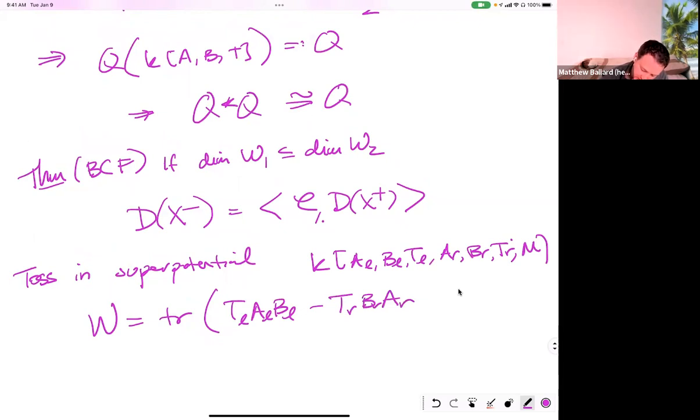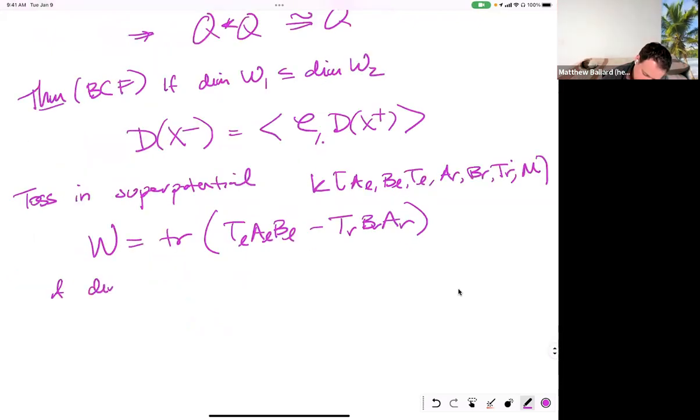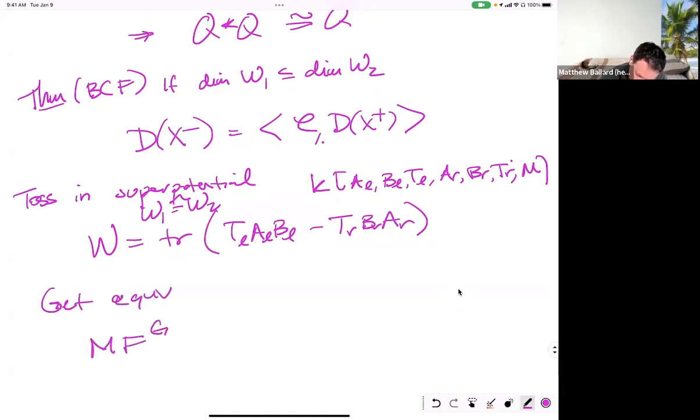And so, I have to be careful now with the dimension. So this is the case W1 is isomorphic to W2. So we get an equivalence of graded matrix factorizations, GL graded matrix factorizations on X plus of W and X minus of W.